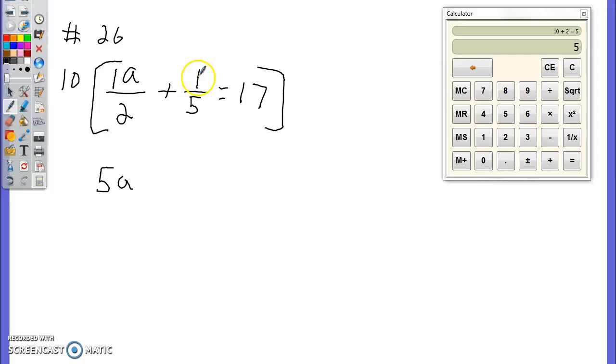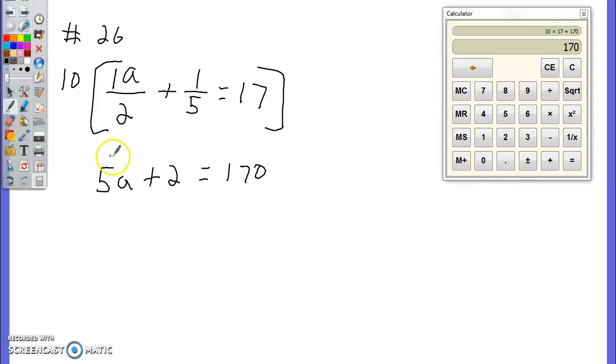So again, 10 times 1 divided by 5. 10 times 1 is 10. 10 divided by 5 we know is 2, so plus 2. Then 10 times 17, we have that too. 10 times 17 is 170. It's good to be sure, just to make sure our math is correct.